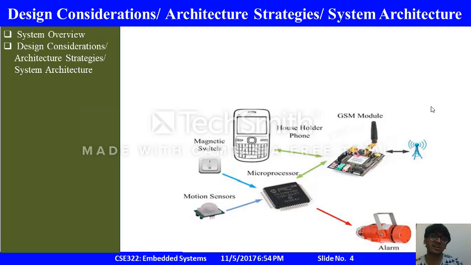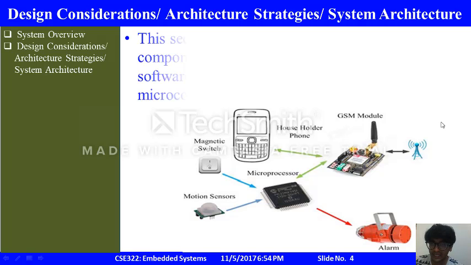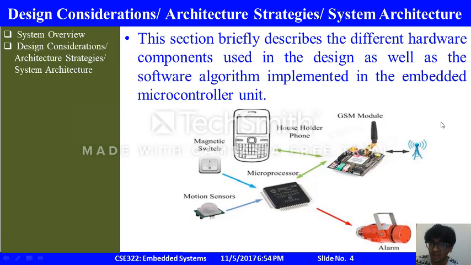The design considerations include the architecture of the system, which has a microprocessor, a householder phone or your cellular device, a GSM module, which includes an antenna, and the power source, and there is an alarm.